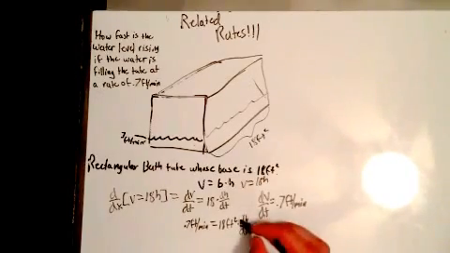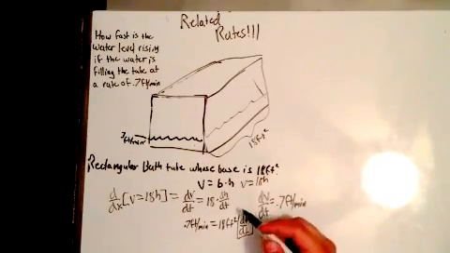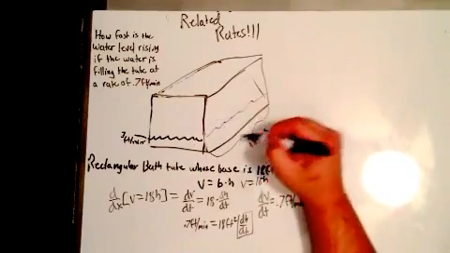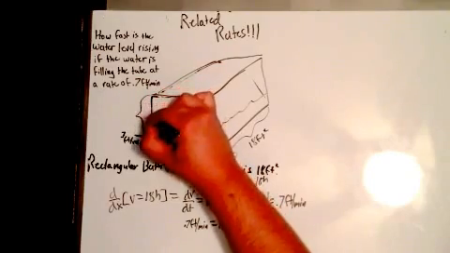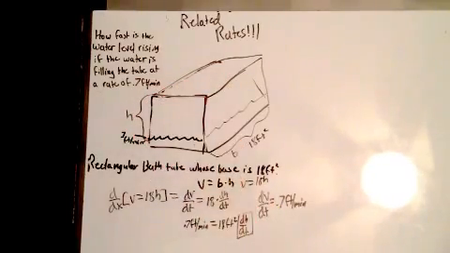Now you can see we're going to solve for dh/dt, because we want to know how fast the water level is rising, the height, when the base is equal to 18. So dh/dt is equal to 0.7 divided by 18.